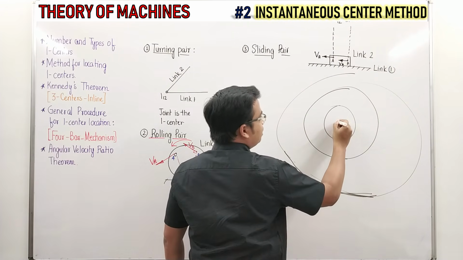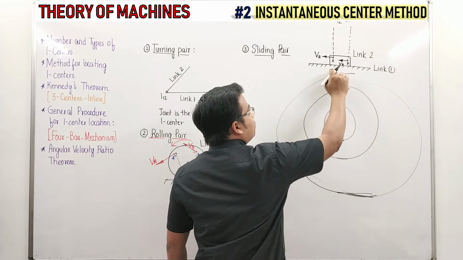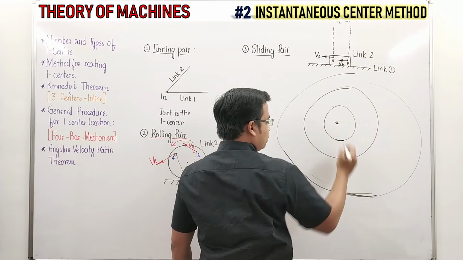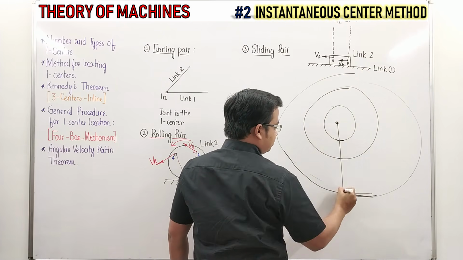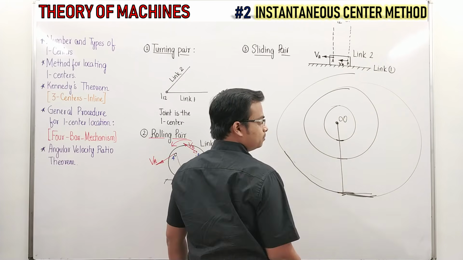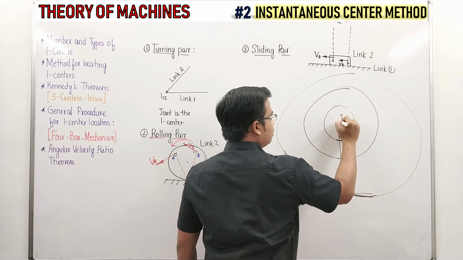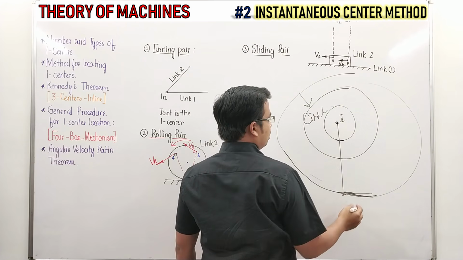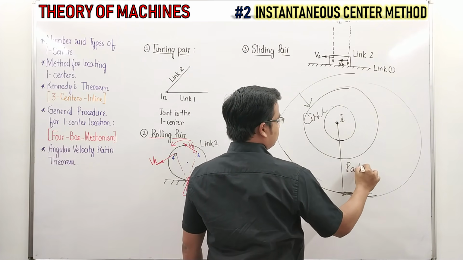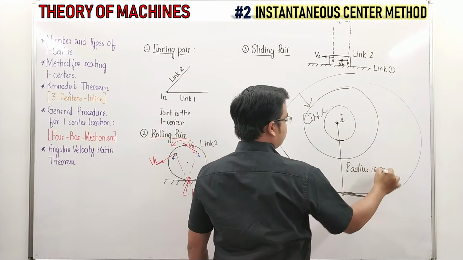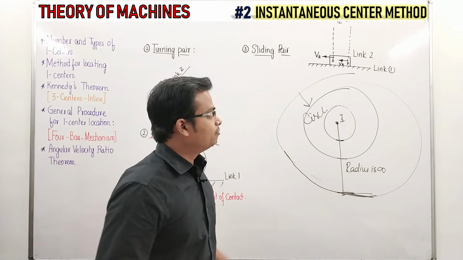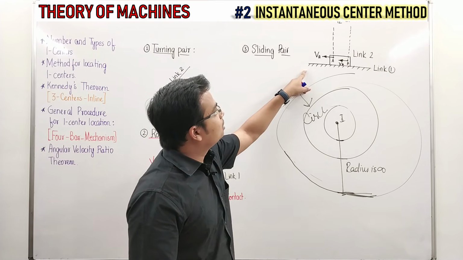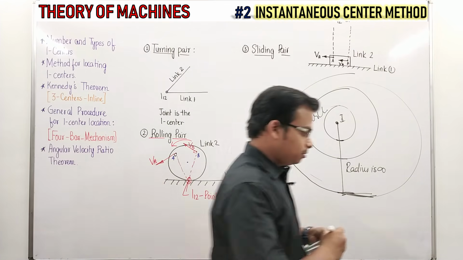So what you can say is that over here, the I center is at infinity. The I center is somewhere here of this bigger circle I'm talking about, whose radius is infinity. So this is basically a way to perceive how a block slides over another link.